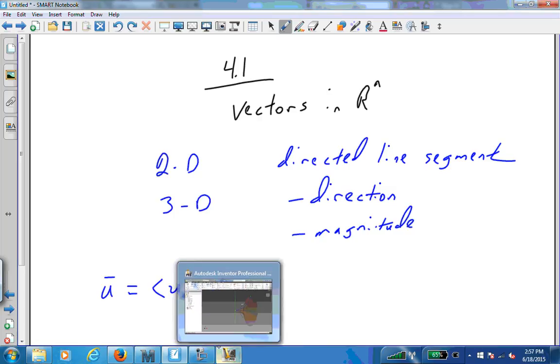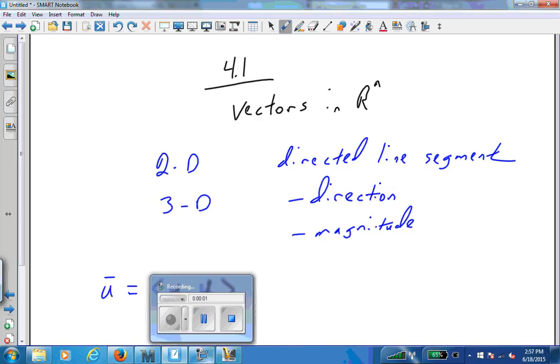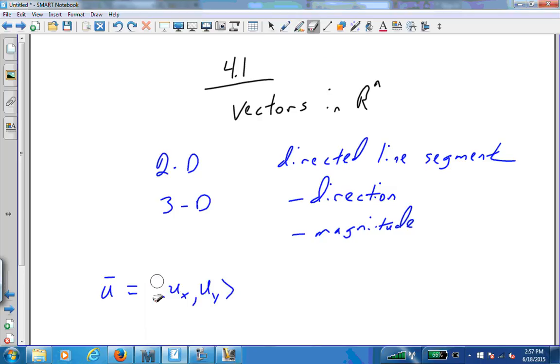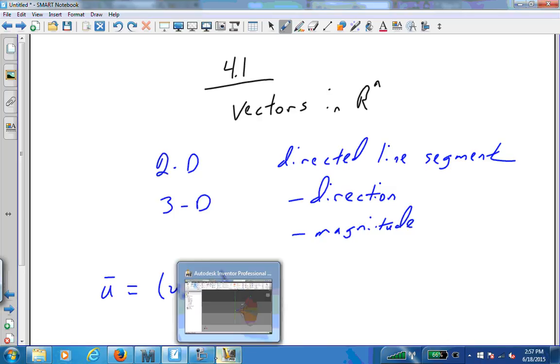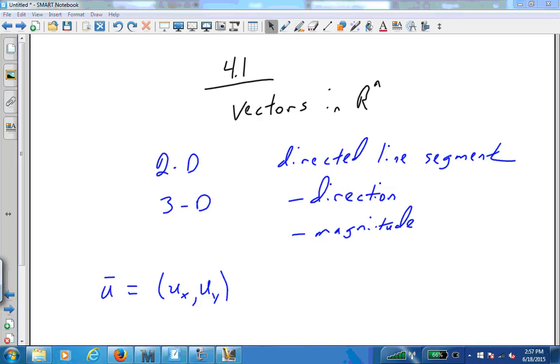And we'll list them in component form in this book, but typically instead of using these symbols on the end, we'll list it like this. And generally when we think of vectors, we are going to think of them as a directed line segment.